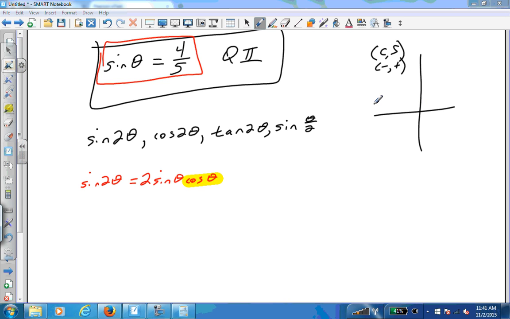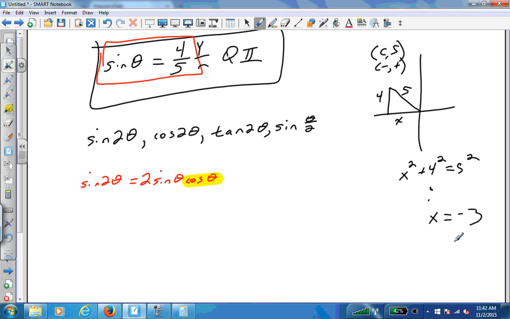One way is to say, well, if we're in the second quadrant, we're pointed this way. Sine is y over r. So that's 4, 5, and we can find x. x squared plus y squared equals r squared. So x is -3. So 3, 4, 5 triangle.